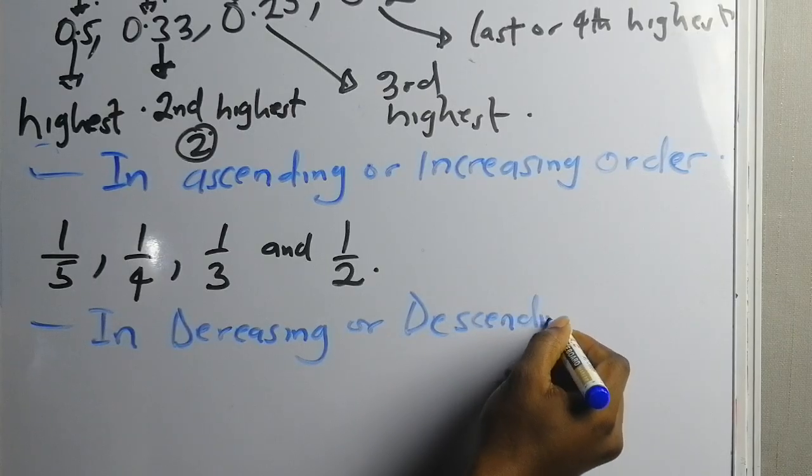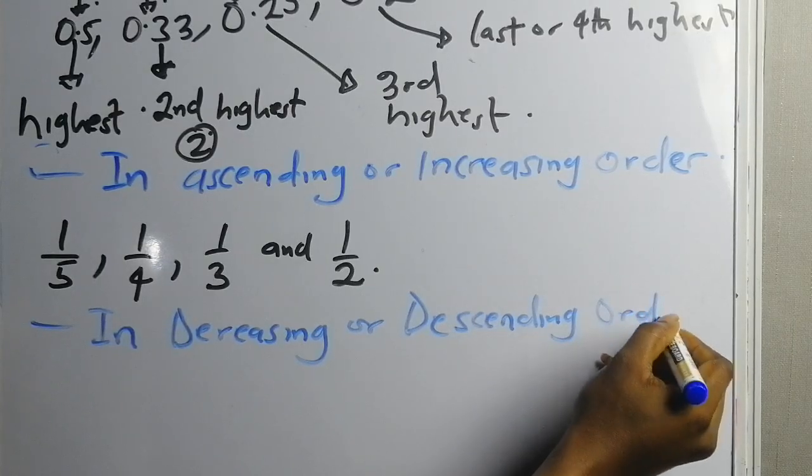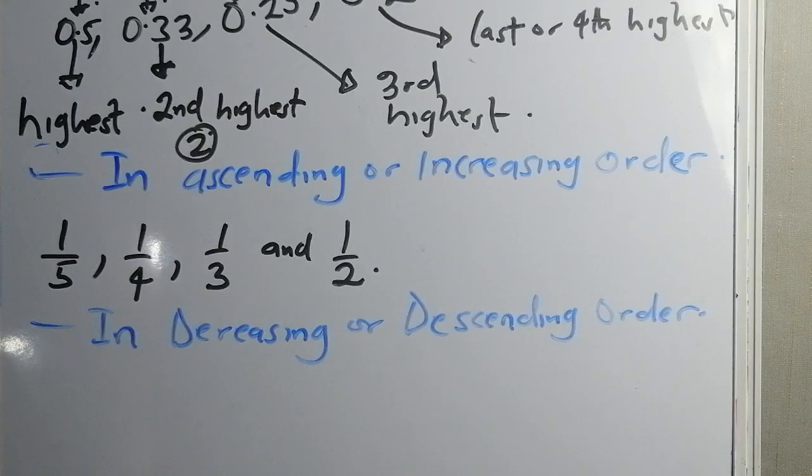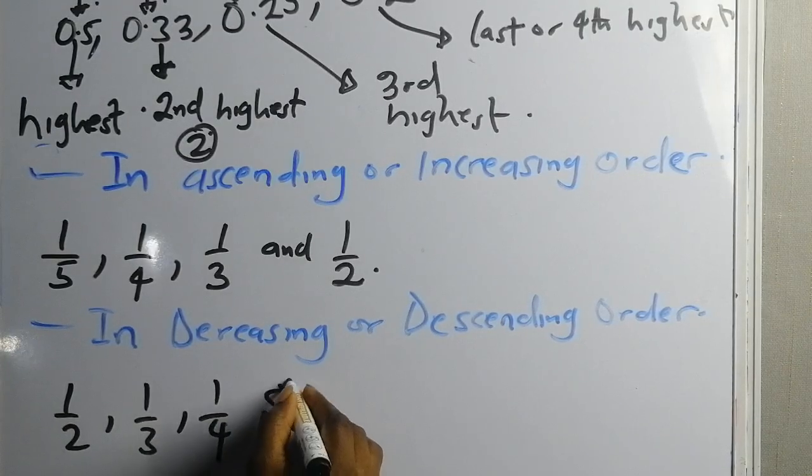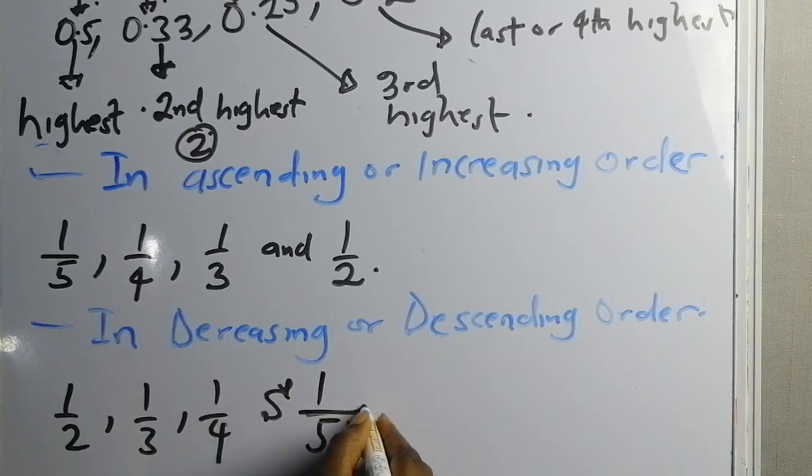It's just English. In decreasing or descending order, what do you have? So it means we follow what we have there: 1 over 2, 1 over 3, 1 over 4, and 1 over 5. Okay, it's as simple as that. You can press your calculator, but I'm very sure they won't give you higher values.